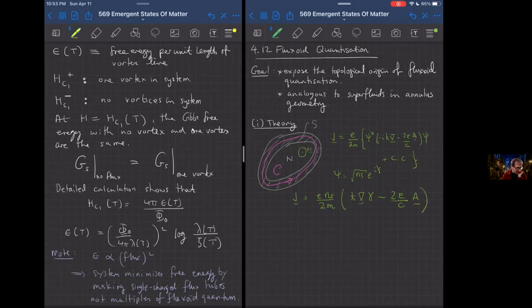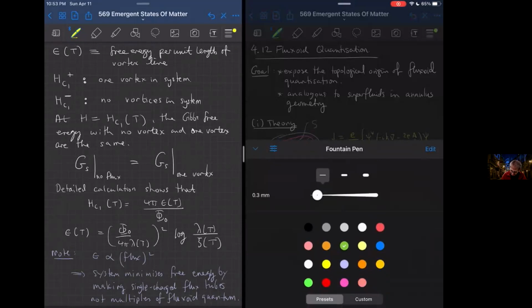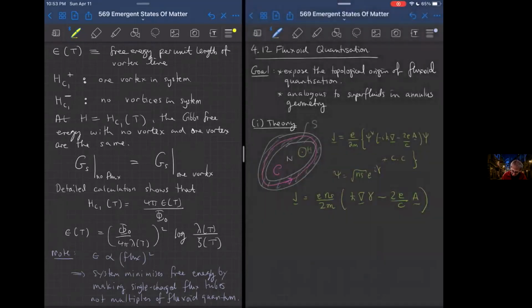And this is a very important formula, and I want to just remind you what it means. This part over here is exactly what we saw in a superfluid. There we saw that v was something or other, h bar over 2m or something, times the gradient of gamma in a superfluid.